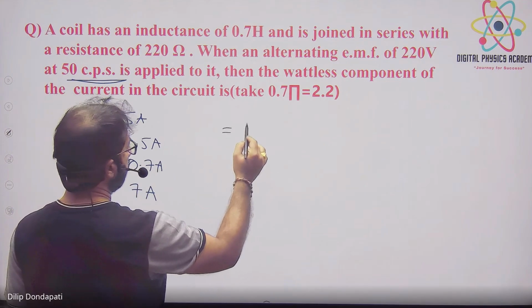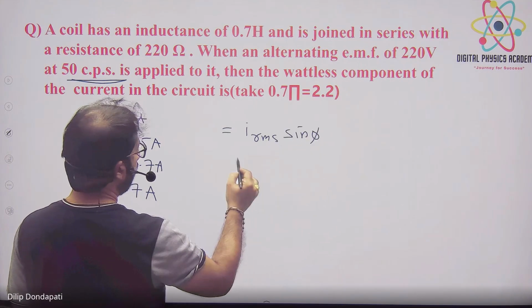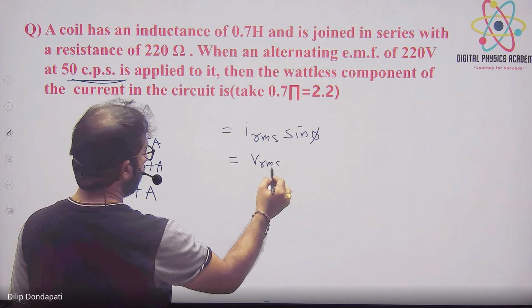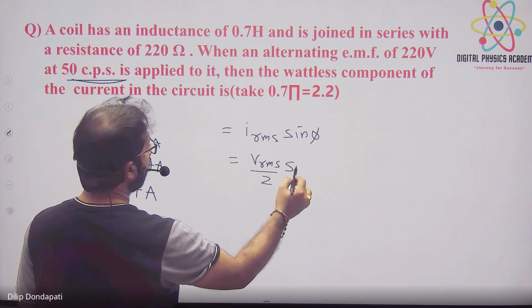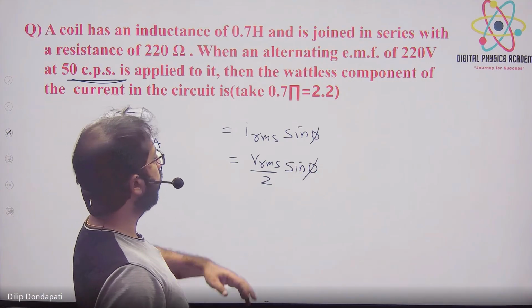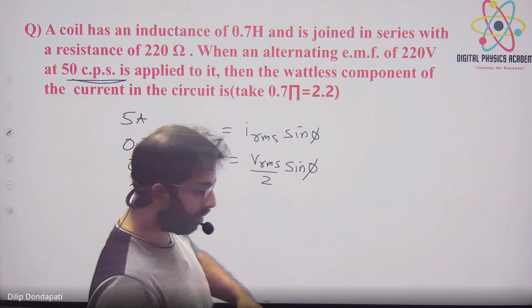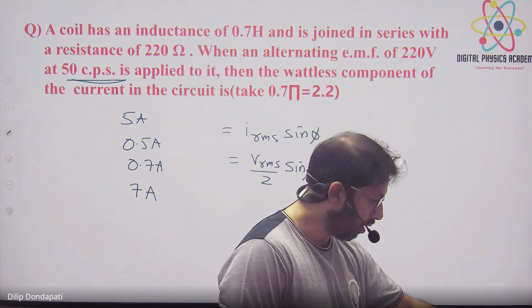Wattless component is IRMS into sin phi, VRMS by Z sin phi। हाँ, आपको इसका फाई चाहिए, VRMS by Z। So how much, tell me?